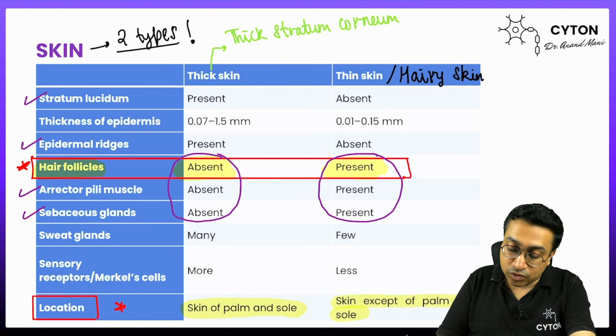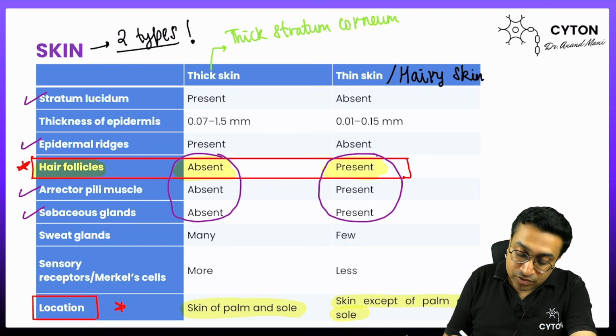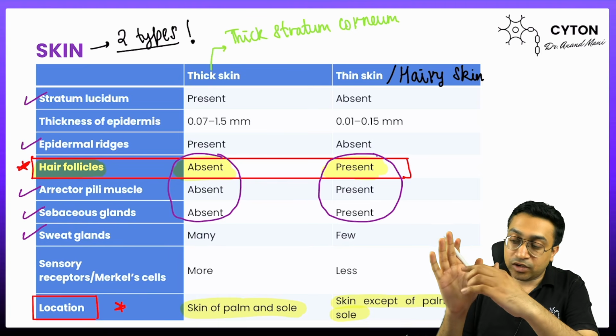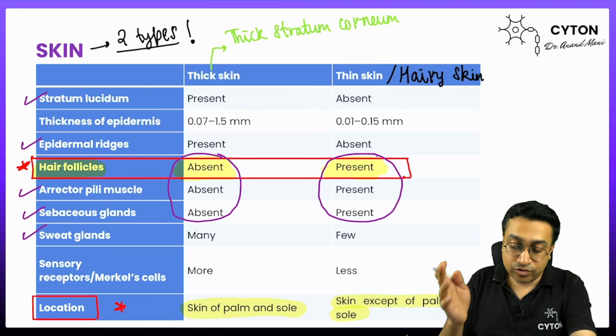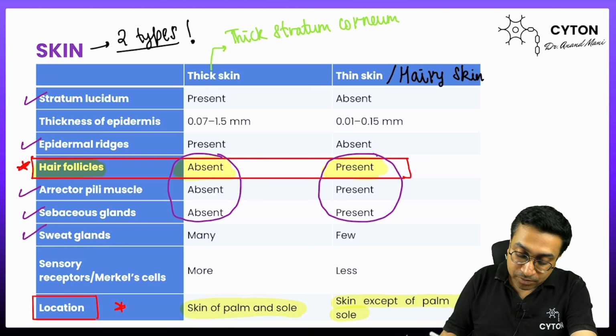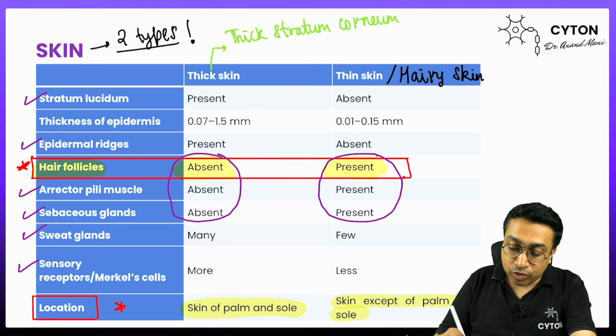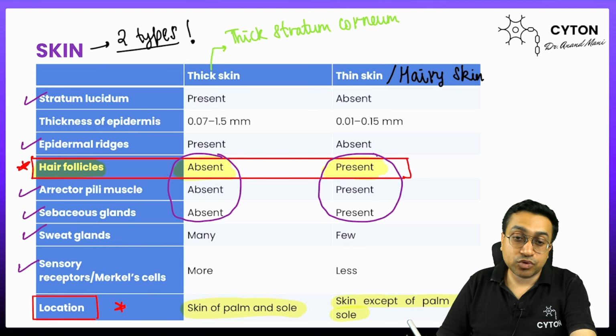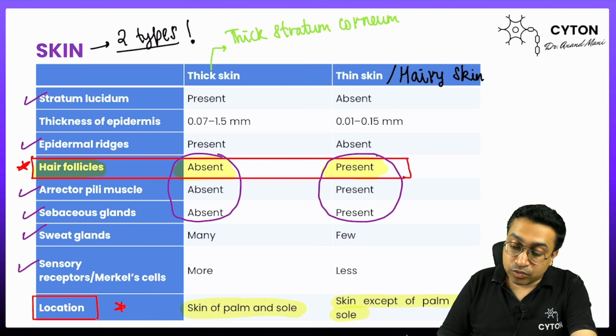This is easy to remember. Then sweat glands are more in thick skin, so here you would get more sweaty hands. Sensory receptors, Merkel receptors, which we will discuss, are more in thick skin, less in thin skin. So these are the gross differences which you should write for thick versus thin skin.